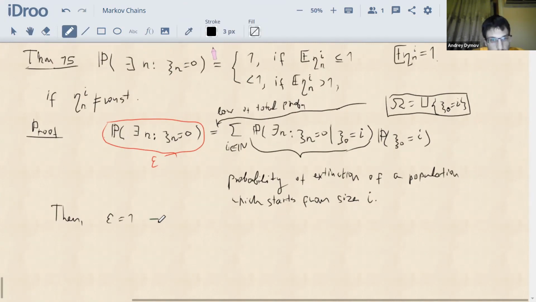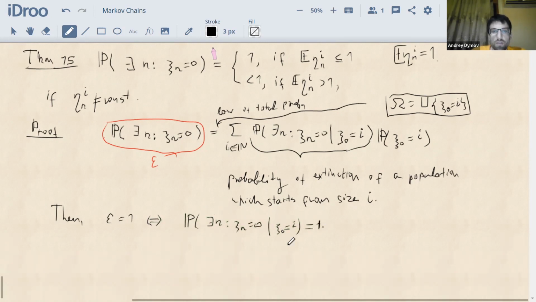So according to this formula, epsilon equals 1 if and only if each probability of extinction for every I equals 1, right?